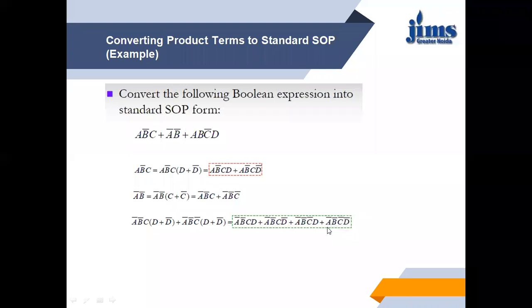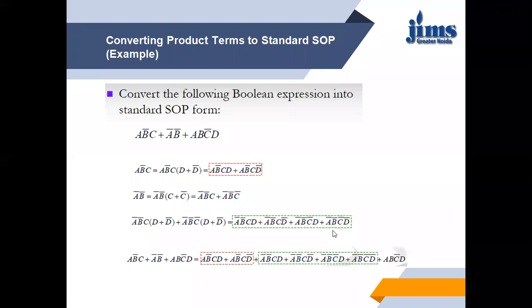So when we look into these four terms, all of them have all four input variables. So we can combine the expression, and now the general sum of product is converted. The first term is replaced by A B bar C D or A B bar C bar D bar.